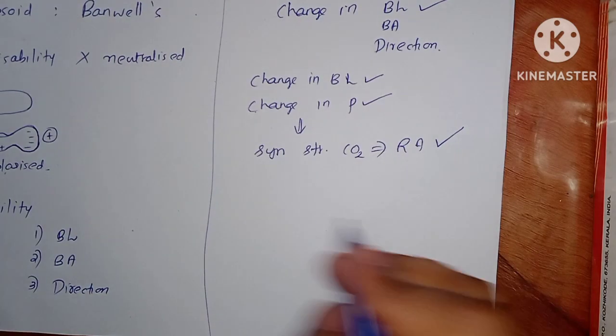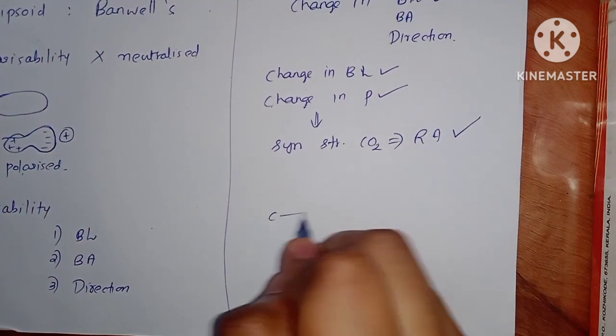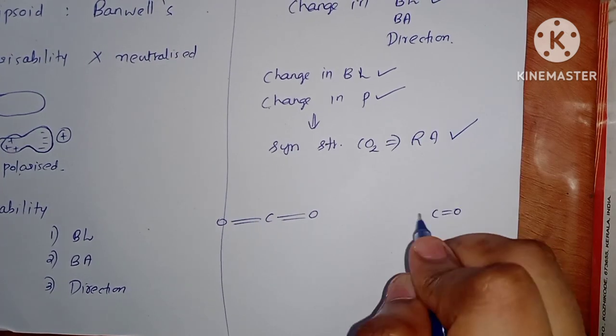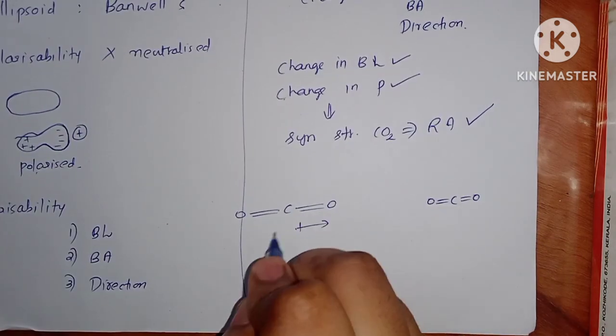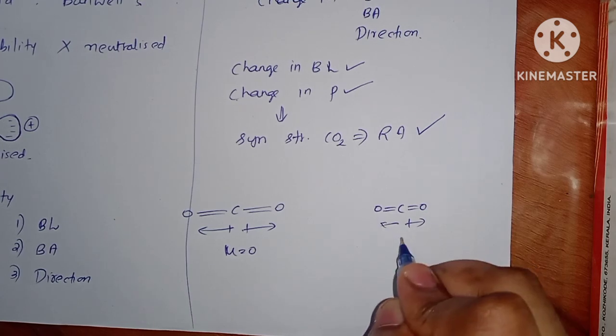So what about the IR activity? IR activity we will check using the dipole moment concept. There also we are considering this expanded form and this contracted form. Here the dipole moment is 0 because both sides got cancelled, and here the dipole moment is 0, and here also the dipole moment is 0.